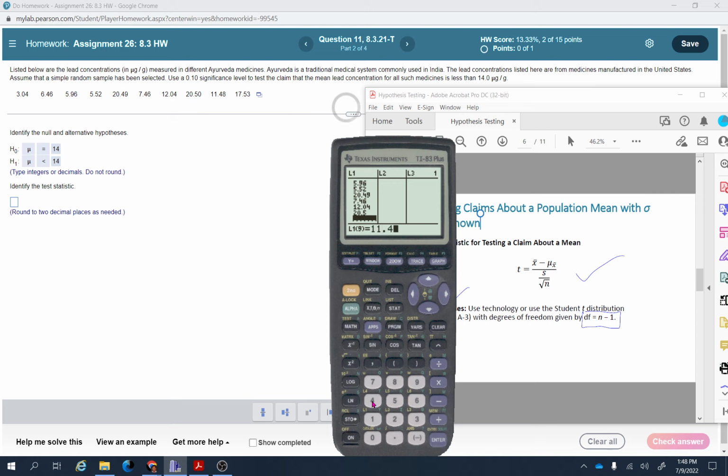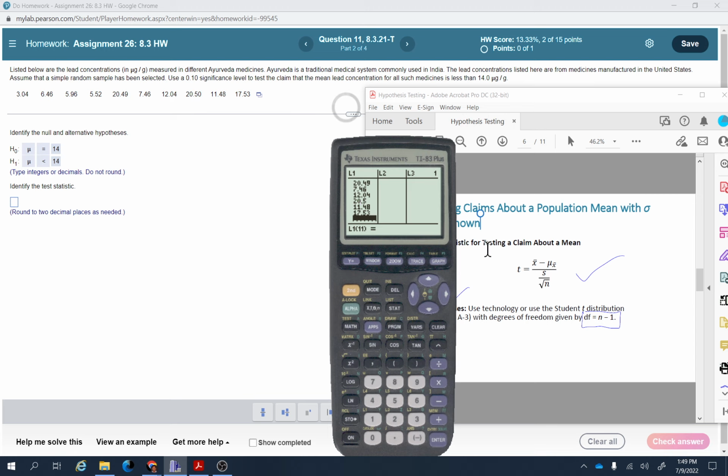You already know how to find the standard deviation. There is a standard formula, but you can use your calculator for finding that by loading your data here. So as you can see, that's 17.53, 11.48, 20.5, 12.04.